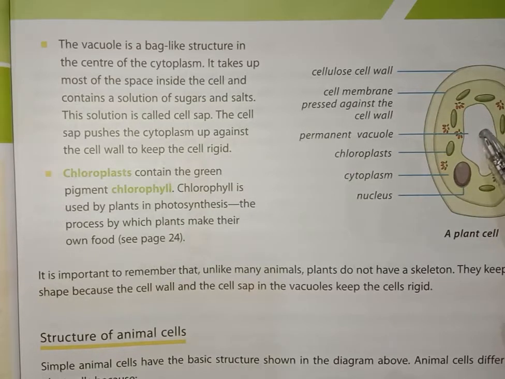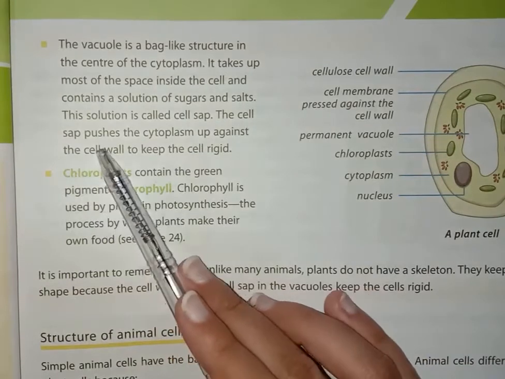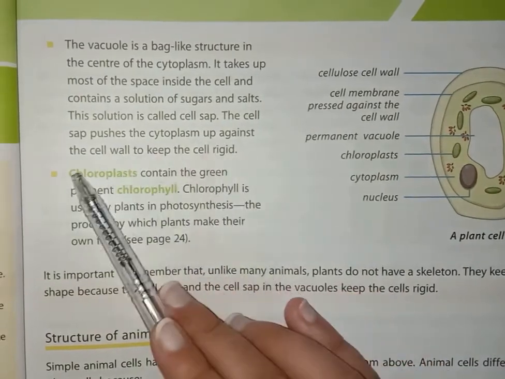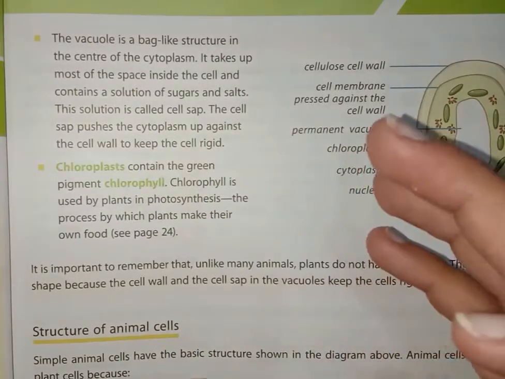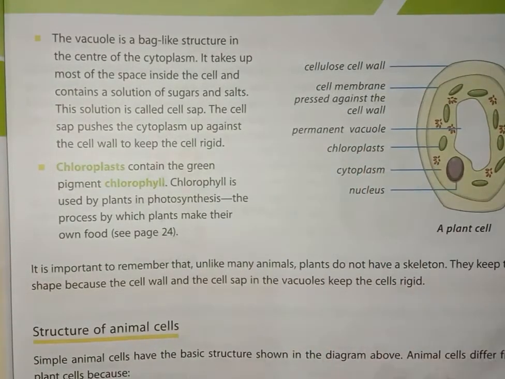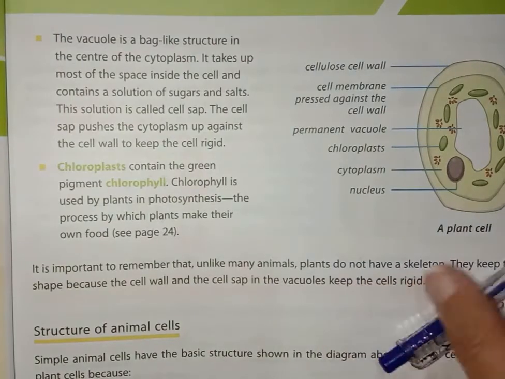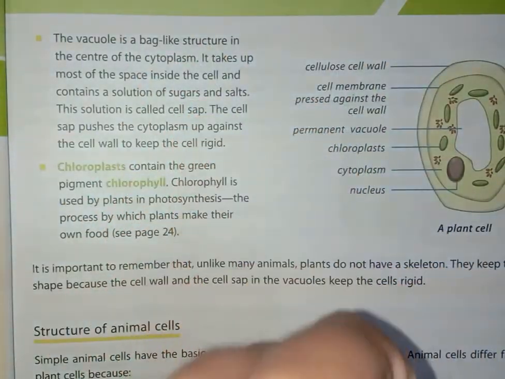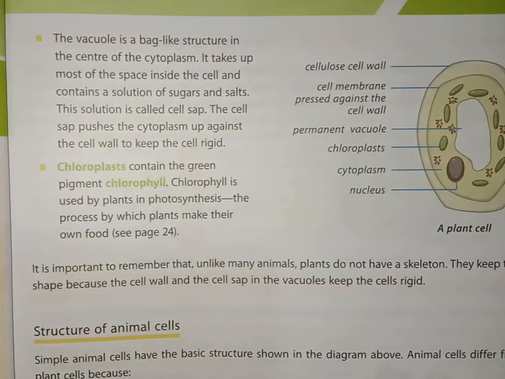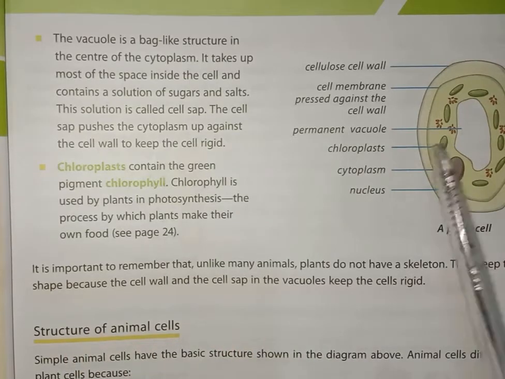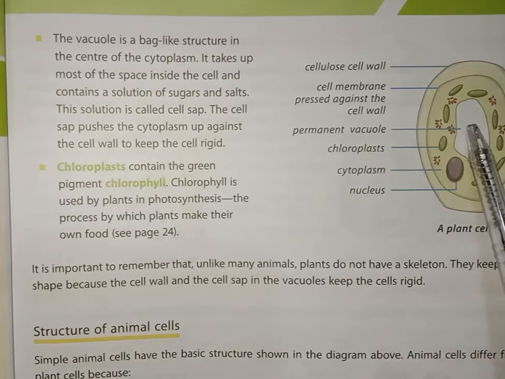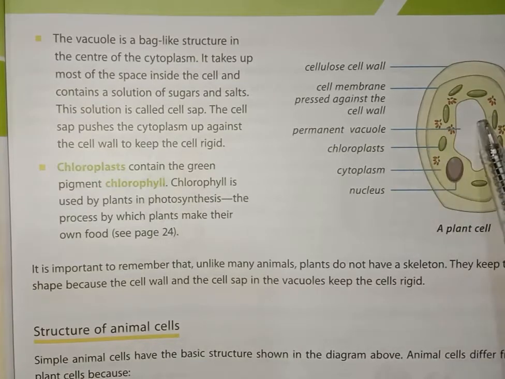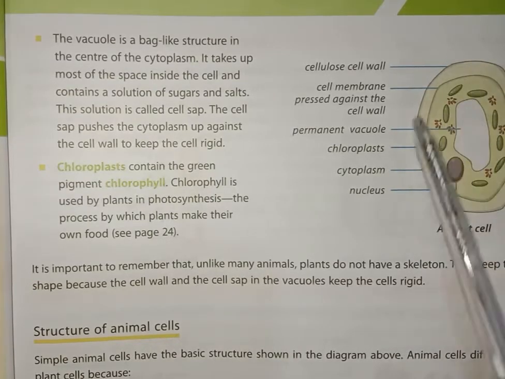The cell sap pushes the cytoplasm up against the cell wall to keep the cell rigid. Rigid means strong, as when we push a ball with air inside, the air pushes outward. Just like that, this part pushes the cell and cytoplasm up against the wall to keep the cell rigid.